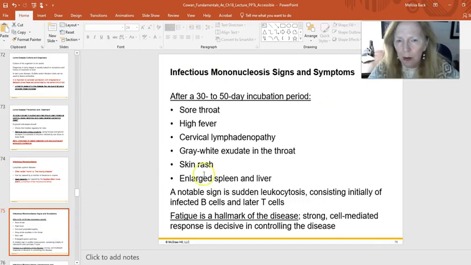But if you encounter this particular virus a little bit later, like right at puberty, even pre-puberty or adolescence, if that's your first exposure, this Epstein-Barr virus can cause a very serious illness. So what we call infectious mononucleosis is these pretty acute signs and symptoms that you see: sore throat, high fever. People think, well, that's what I feel like when I have Streptococcus pyogenes, a strep throat.